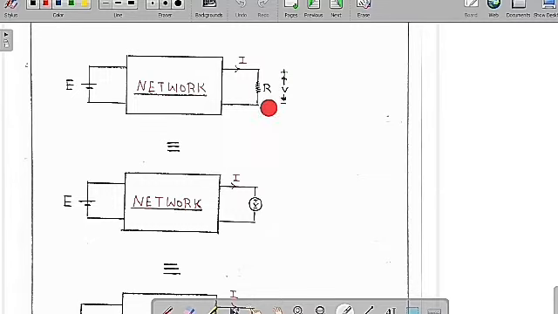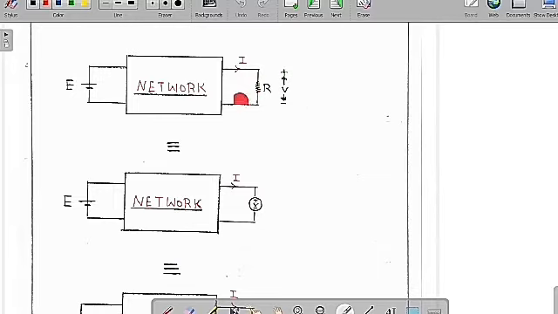So now I am going to replace this resistor with some voltage. This voltage should be equal to the voltage across the resistor. Therefore, I replace it with an ideal voltage source whose voltage is equal to the voltage across the resistor. Because of this, we can say clearly there is still no disturbance of voltage and current in the remaining part of the circuit. You can see clearly the current in the resistor is I. So I can replace it by a current source also.